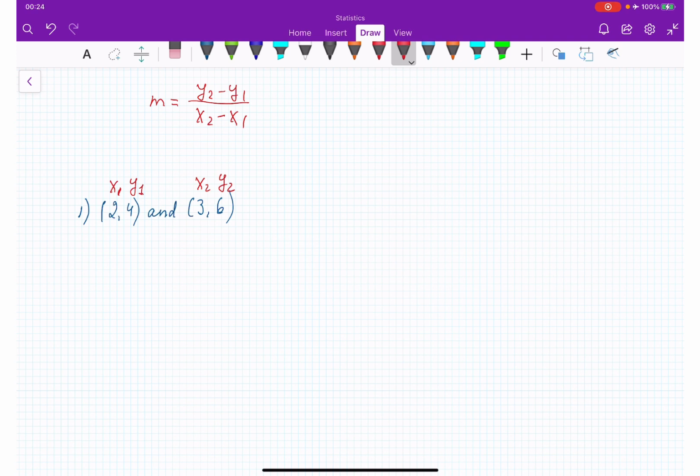Okay. Next, if we get a slope positive, greater than 0, then the graph or the line is rising. If we get a slope negative, then the line is falling. When M is 0, then we have a flat horizontal line.